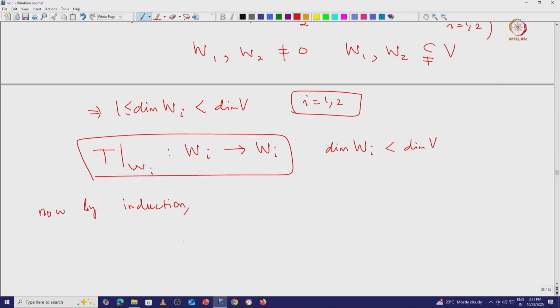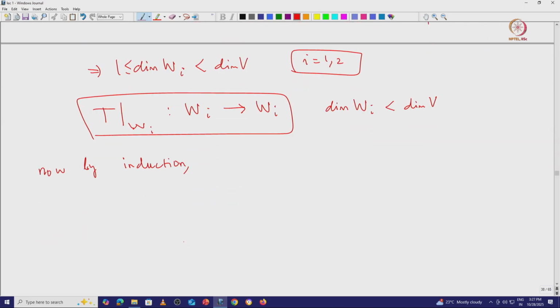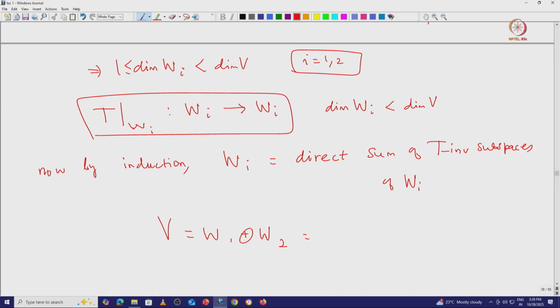we see that the W_i's can be written as a direct sum of indecomposable T invariant subspaces. So W_i can be written as a direct sum of T invariant subspaces of W_i, and it is easy to prove that any T invariant subspace of W_i will be a T invariant subspace of V. So you can just put them together and get V as a direct sum of T invariant subspaces.